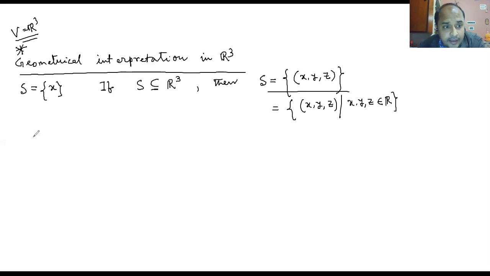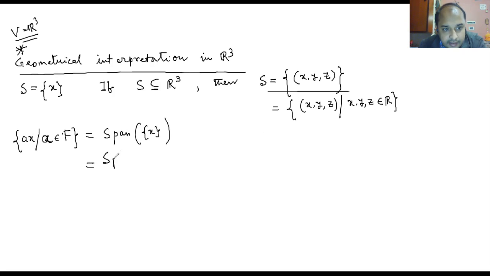Okay. Now, what is this set now? AX, A belonging to F. We have already shown that this set is actually span of X. We have already proved it. So with respect to this special case, this is the span of this point, the triplet.